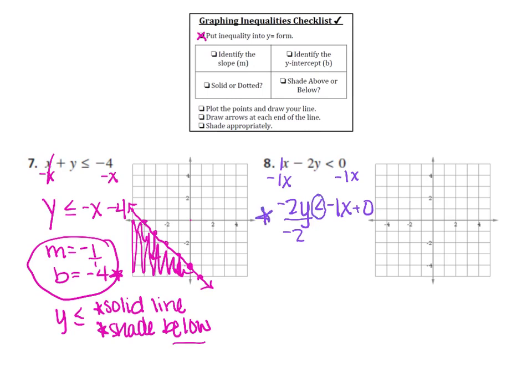Don't forget to flip our symbol around after we're done. So y is actually greater than, a negative divided by a negative makes a positive 1/2, and 0 divided by anything is still 0. That means my slope is 1/2, and my y-intercept is 0.